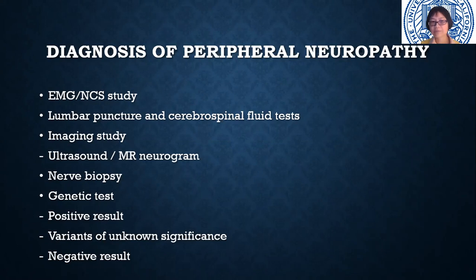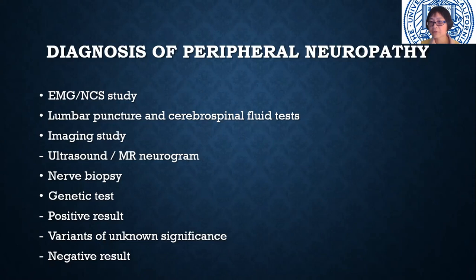Some patients, we may perform a lumbar puncture to collect the cerebrospinal fluid test for further evaluation, but we don't need to perform lumbar puncture for all the patients. Only a small percentage of the patients with neuropathy will need further evaluation from the lumbar puncture.